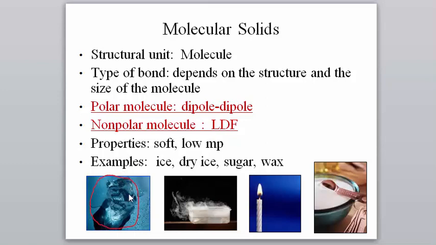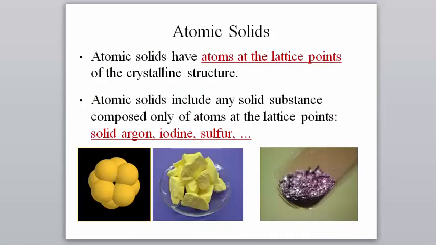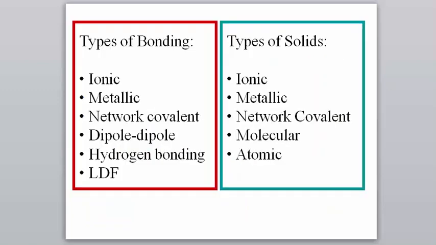It doesn't. It's hydrogen bonding. You just have more of those hydrogen bonds taking place as you slow down the molecule's motion. Atomic solids, we mentioned before, are elements that are solids at room temperature: iodine, sulfur, so on.